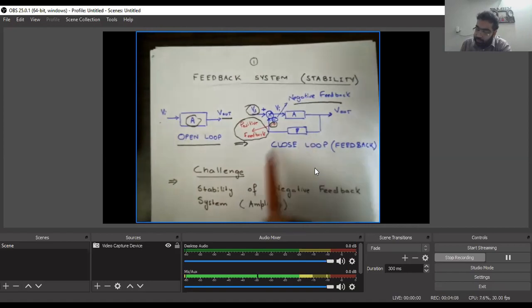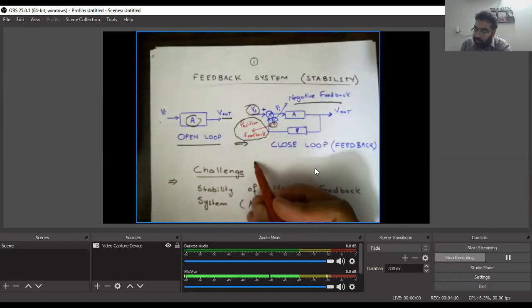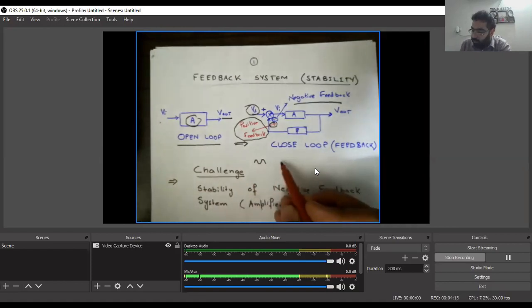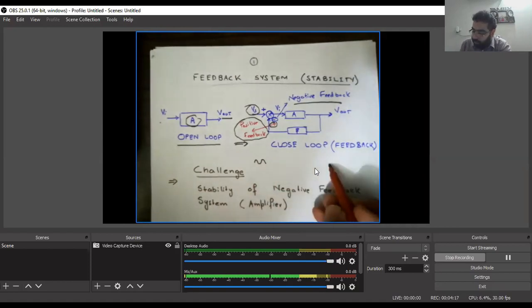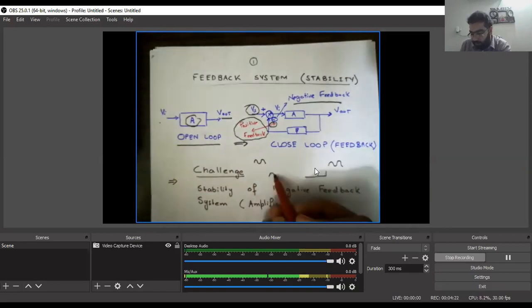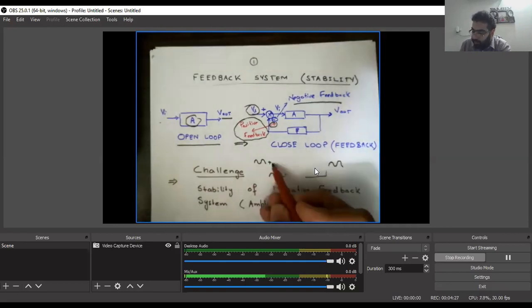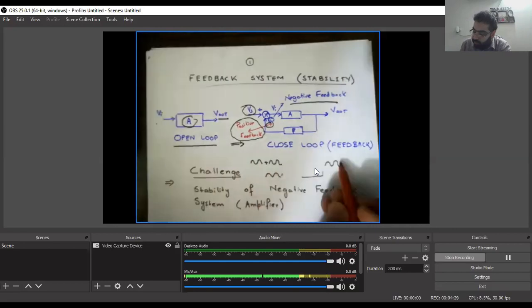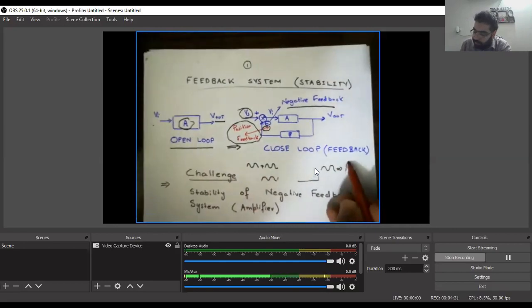So what happens in a positive feedback system, we will give an input, something like this, and it will pass through. First round will come like this. When the feedback goes here, the signal will get amplified, or even if it's as it is, it will add here in the second turn. And the resultant is going to be a bigger signal.